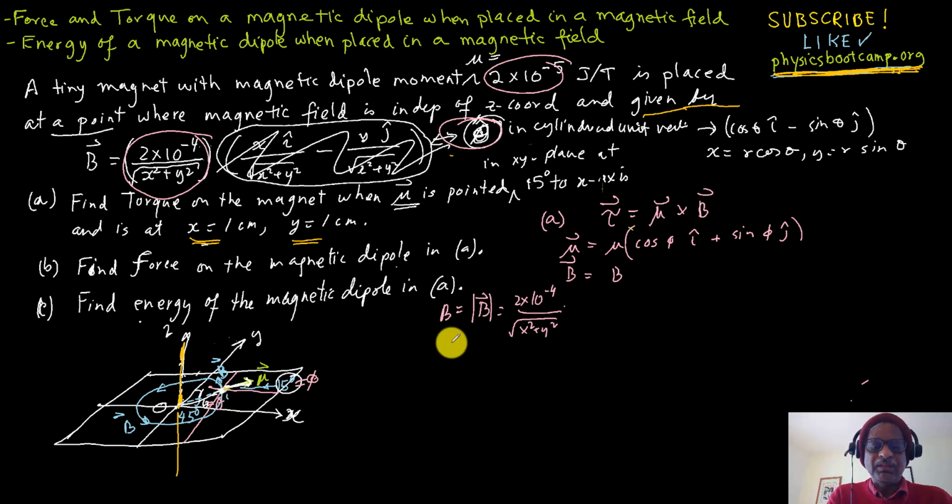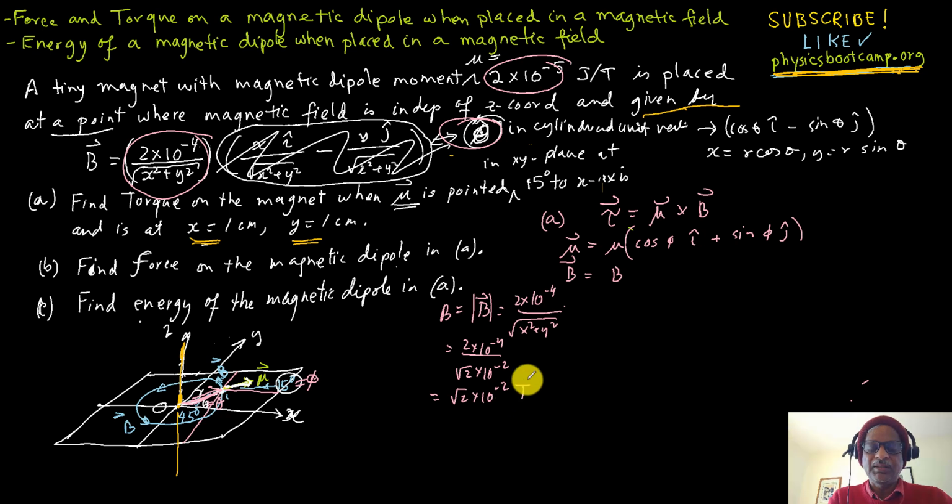At that point, x and y are 1 centimeter and 1 centimeter, so this distance is square root 2 centimeters. So it's going to be 2 times 10 to the power minus 4 over square root 2 times 10 to the minus 2, in Tesla.